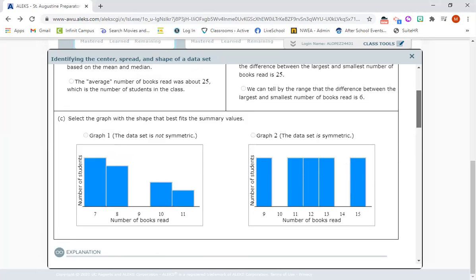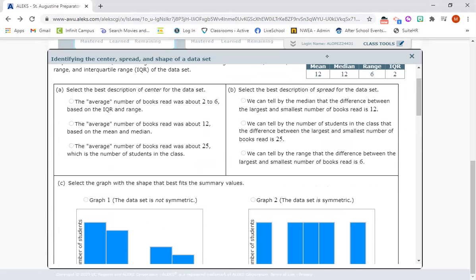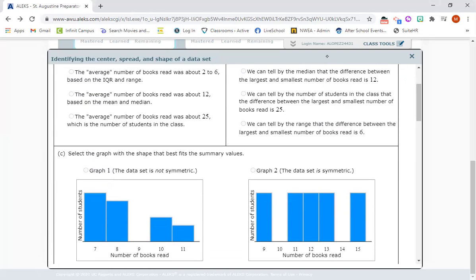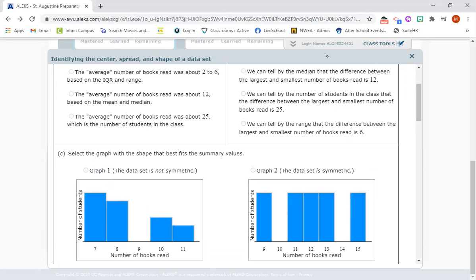First off, I know that my mean was 12 and so was my median. So if the mean is 12, let me get my marker back. If the mean is 12, that means there needs to be some 12s in my data set, or there needs to be some numbers larger than 12 in my data set to bring up those lower numbers and make the average, make the center closer to 12.